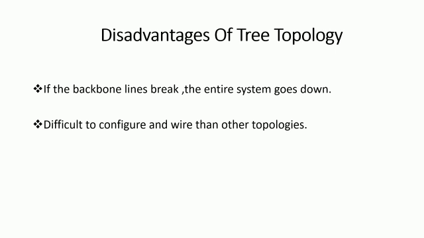Talking about the disadvantages, if the backbone cable breaks, the entire system will go down as there is high dependency on the backbone cable. Next, it's quite difficult to configure and wire tree topology as compared to other topologies. There are a lot of other disadvantages of tree topology, but these were the major and basic disadvantages of tree topology.